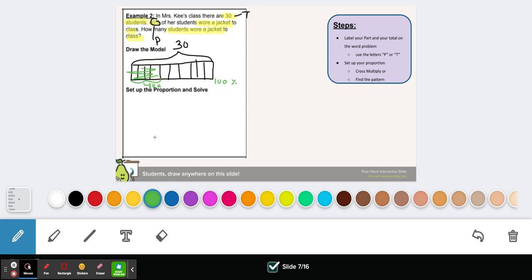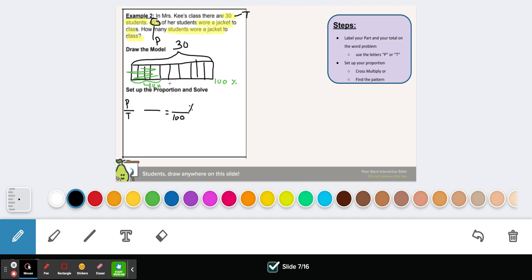Okay, now it's telling us to set up a proportion. So when I set up my proportion, remember I want my part over my total, and I'm going to write my proportion right here. On this side I'm talking about percent, so I need to fill out my percent part.